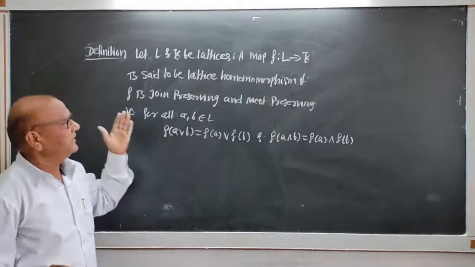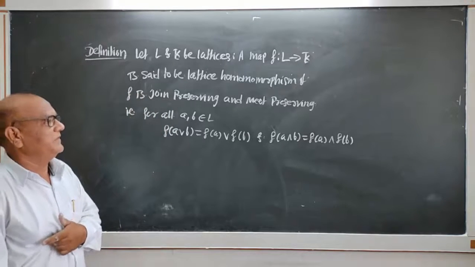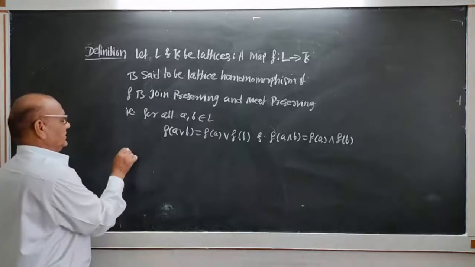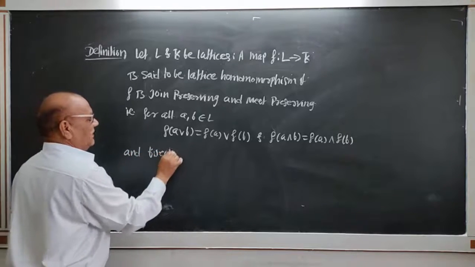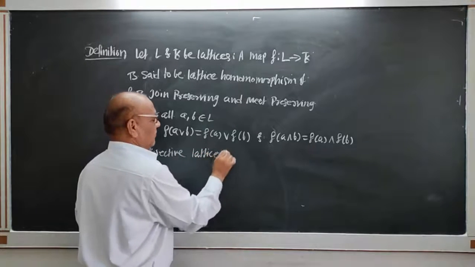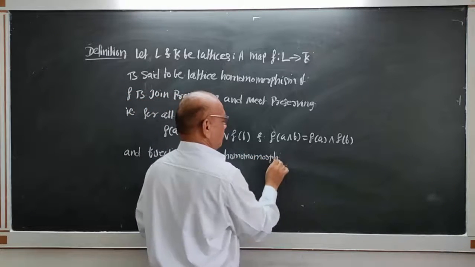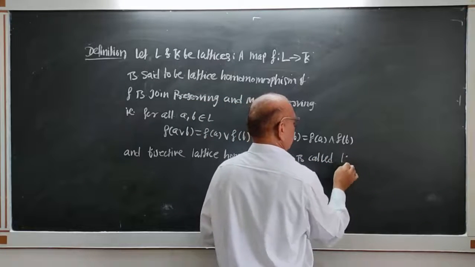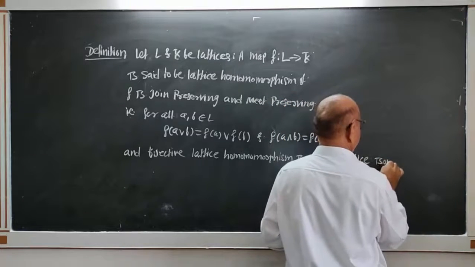A bijective homomorphism is called a lattice isomorphism. Bijective means one-one and onto. A bijective lattice homomorphism is called a lattice isomorphism.